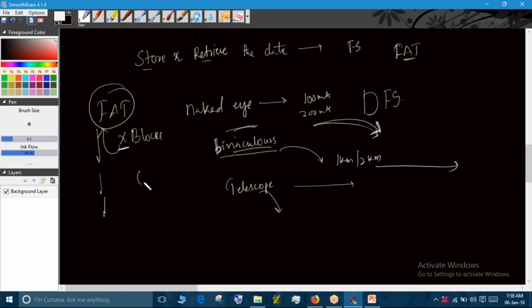But all your traditional operating systems are able to manage up to 2 TB or 4 TB, 10 TB or 100 TB, whatever. Beyond this, your traditional operating systems fail.